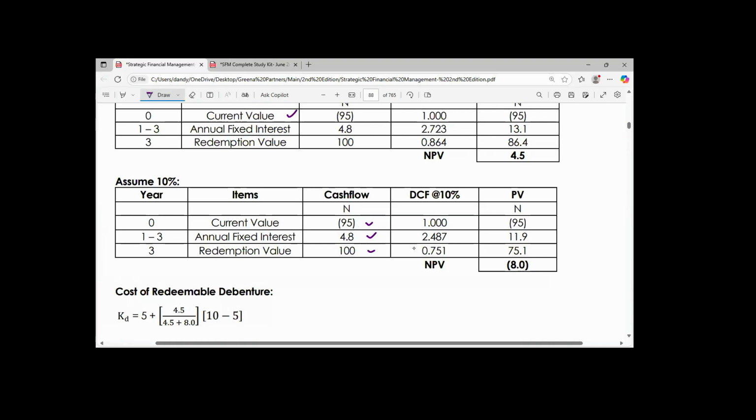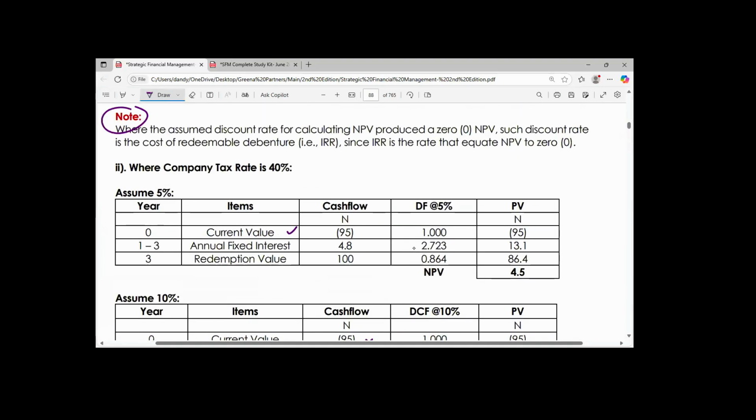So let me start from 5%. I want to assume 5%. I started with a 5% discount rate. All the cash flow remains apart from the interest that we just adjusted to 4.8 as a result of the tax benefit. So I need to calculate the annuity factor from year 1 to 3 at 5%.